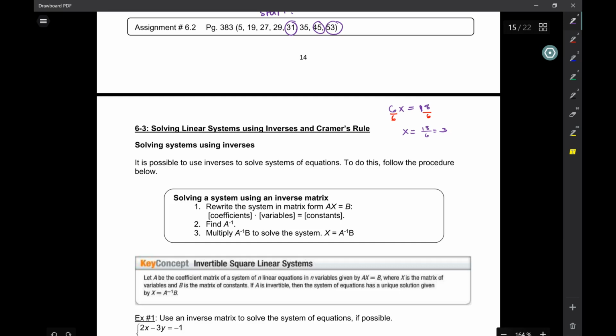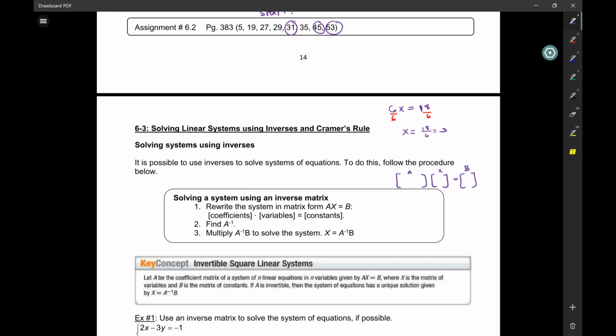Now, if I have the same sort of situation, but with matrices, now they're all matrices. So for example, I have a matrix A times a matrix X equals another matrix B, right? So look at what I had here.